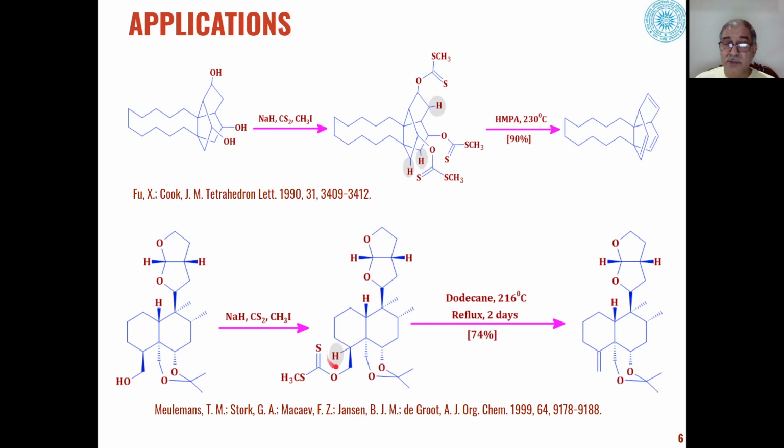So this beta hydrogen is in the same plane as that of this ester, and this will undergo syn elimination through the six-member transition state under these conditions in presence of dodecane as the solvent at 216 degrees centigrade. When this xanthate ester is refluxed for 2 days, we can get these types of alkenes as product in 70% yield.